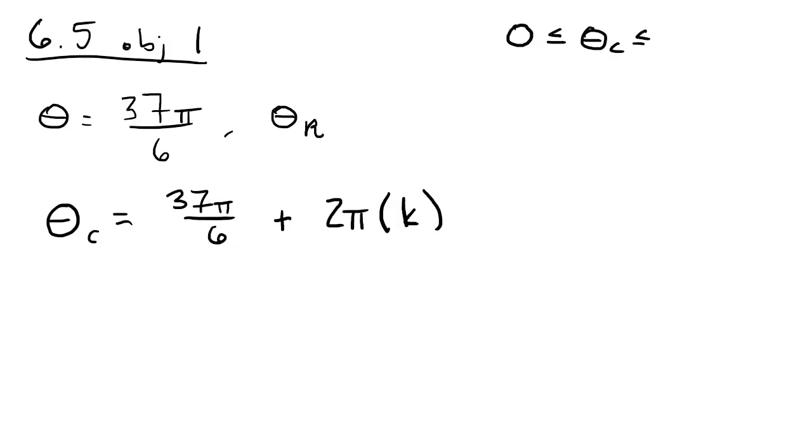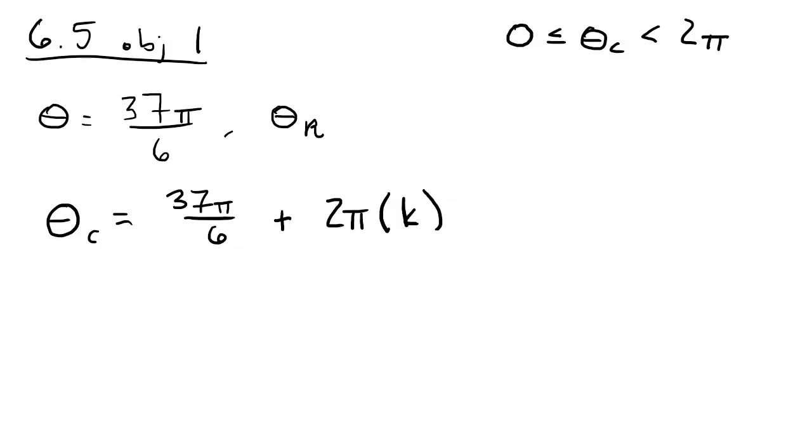So this should be strictly a less than. Since our original angle, 37 pi over 6, is greater than 2 pi, that means that our k is going to have to be a negative integer. So how can we figure out what this k is?